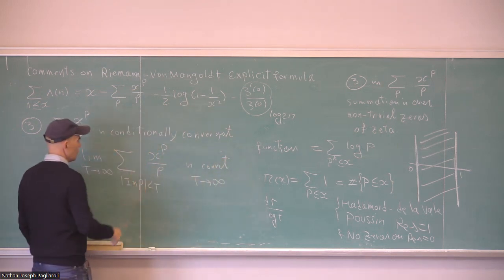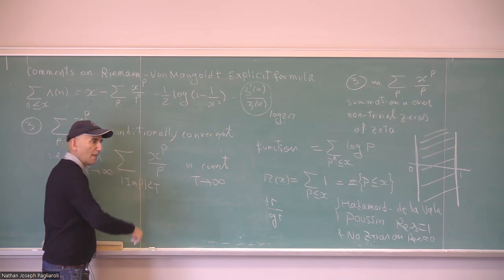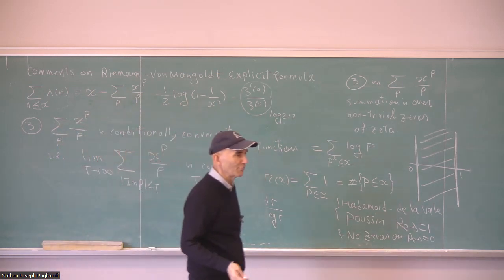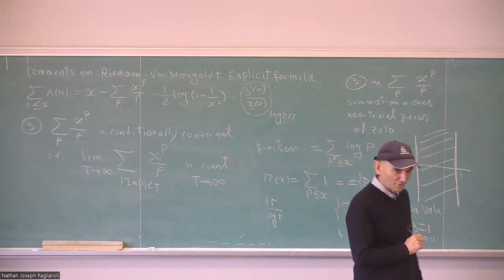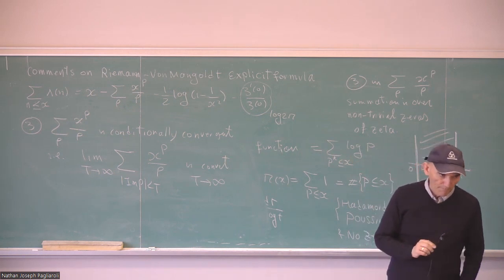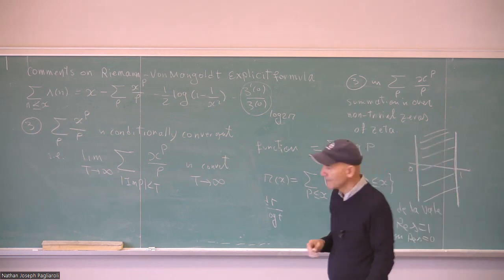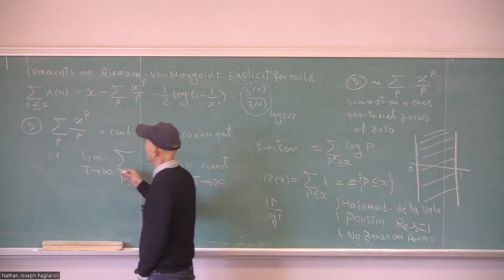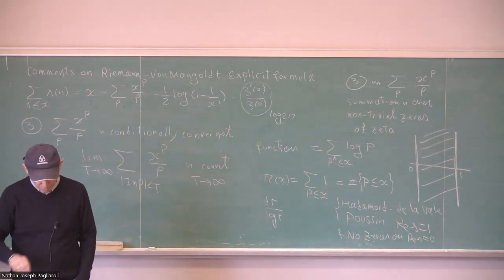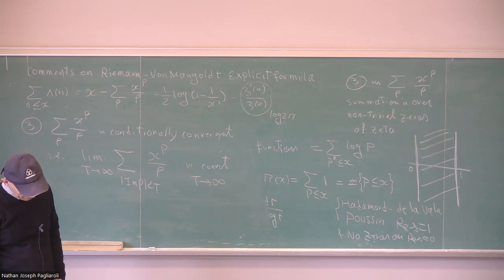So this limit exists. But if you try to sum it as absolutely convergent, it is not absolutely convergent. And that's a big problem, actually. I mean, a difficulty for estimating these things, not for getting information about primes from this.